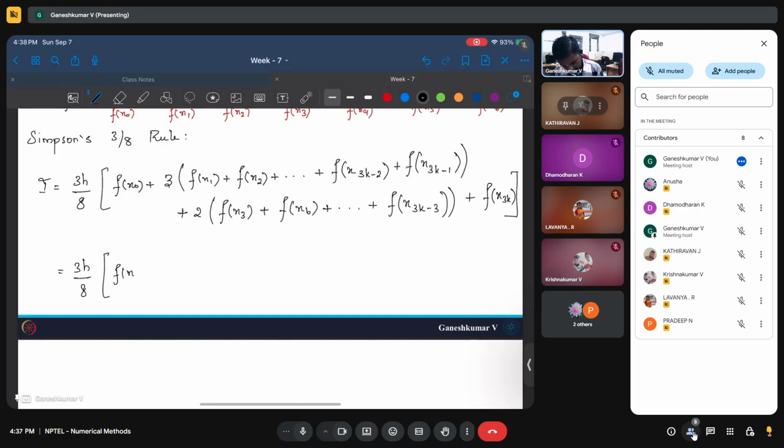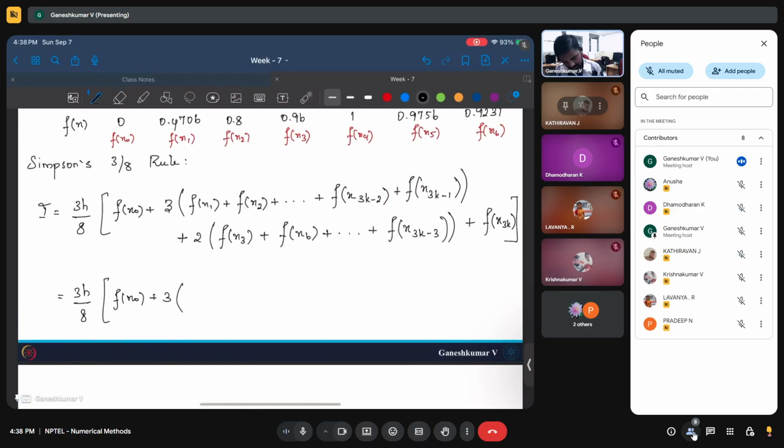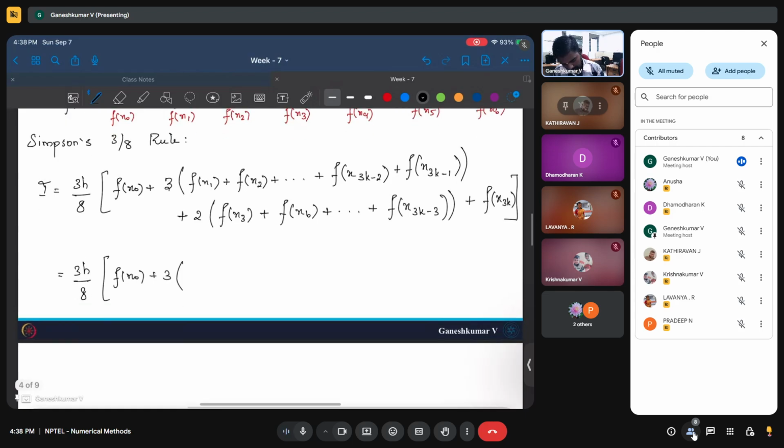That is going to be f of x naught plus 3 into f of x1, f of x2 and f of x4, f of x5, and your 3k is 6, so k is 2, so it goes from f of x1 and f of x2, up to 3k minus 1 is 5, and then f of x4 and f of x5.